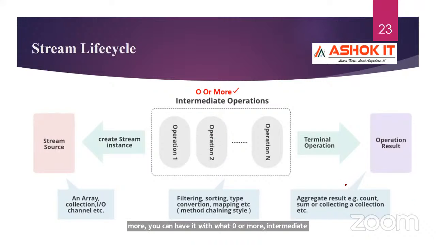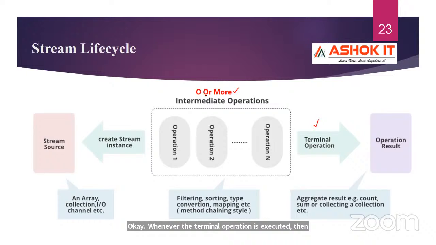At the end, finally, you need to apply a terminal operation. After completing all intermediate operations, you apply a terminal operation at the end. As I told you last week, only when the terminal operation is executed will the respective intermediate operations be executed.